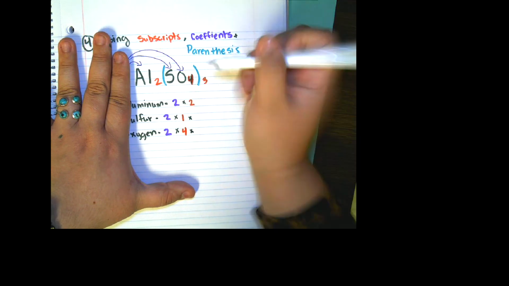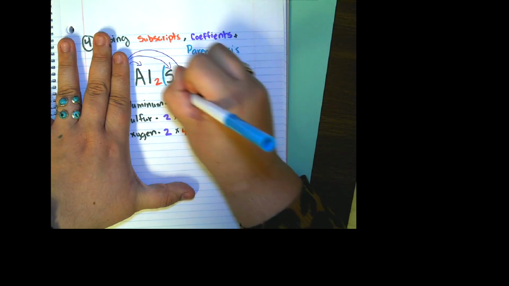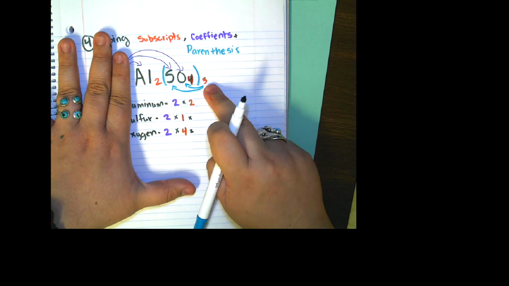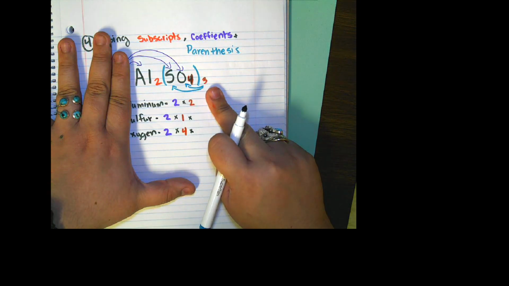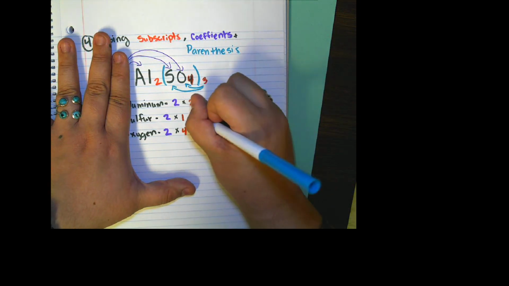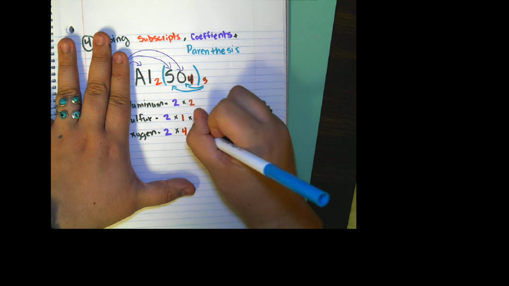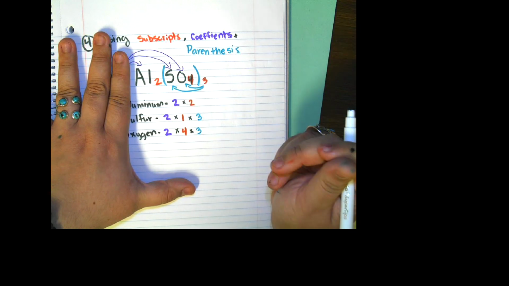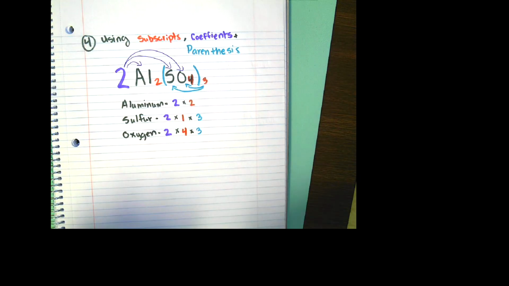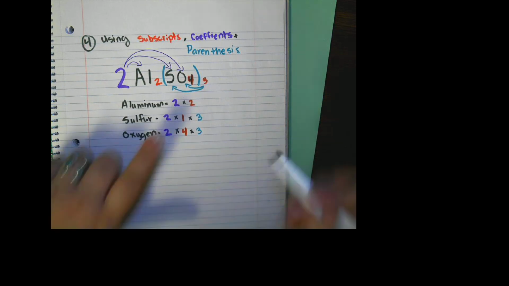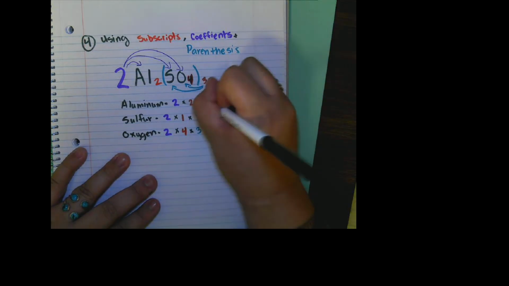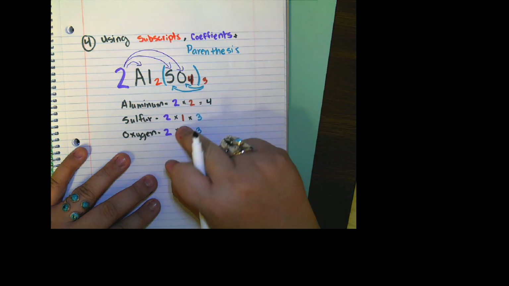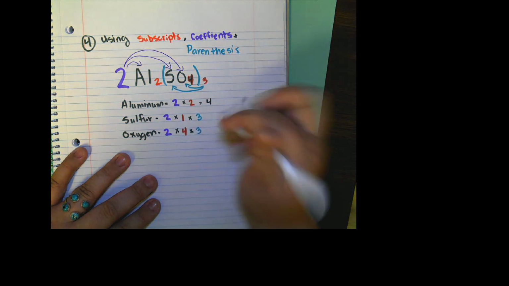Now we're going to look at our parentheses, and remember that affects anything inside of it, so it's going to affect our sulfur and our oxygen. So the number behind the parentheses is 3 for sulfur and 3 for oxygen. Now we can multiply those and get our total for each element. So 2 times 2 is 4, so there are 4 total aluminums. 2 times 1 is 2, times 3 is 6.